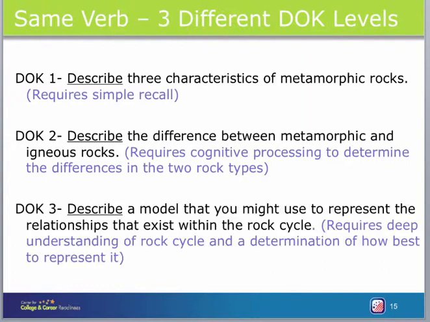Depth of knowledge 3, "describe a model you might use to represent relationships that exist within the rock cycle." You can really see the difference using the same verb because you're looking at what comes after it. Are you simply asking them to recall information, or are you challenging them to use what they know to demonstrate understanding?